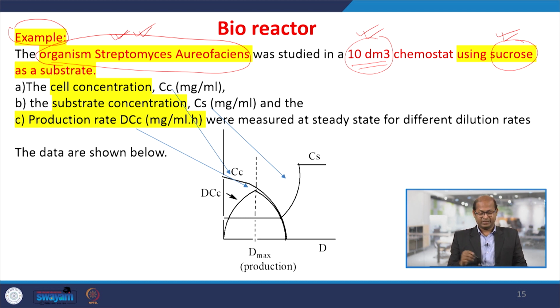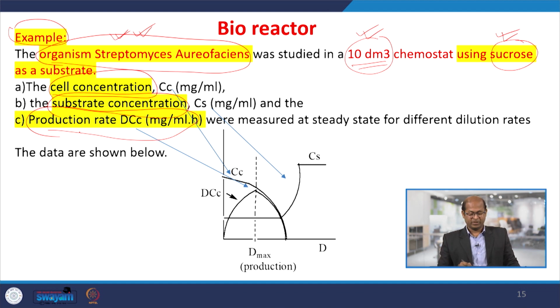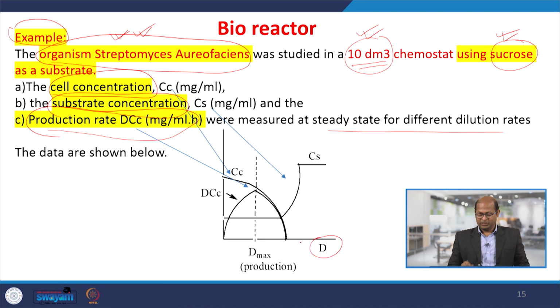In that particular reaction system, what would be the cell concentration, the substrate concentration, and the cell production rate that we can measure at steady state by considering different dilution rates? If we change the dilution rate, the cell production rate, the concentration of cells and the substrate concentration inside the reactor change; that way also we can control the reactor systems.